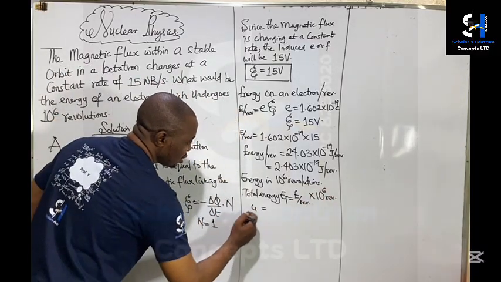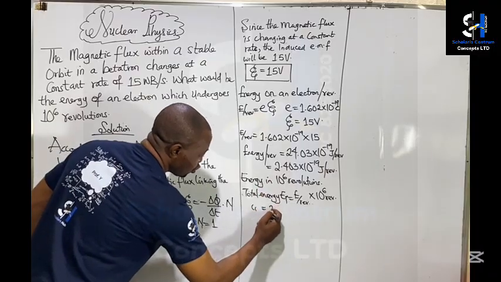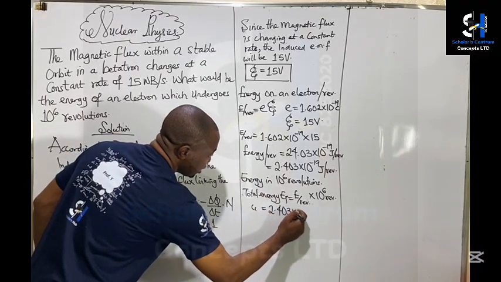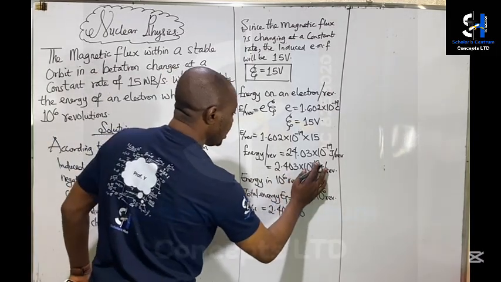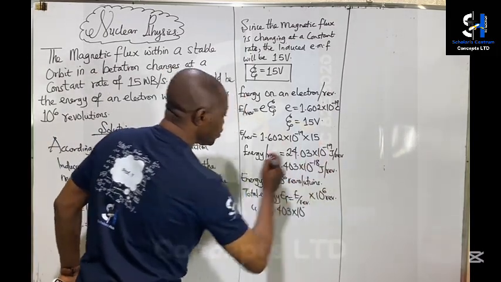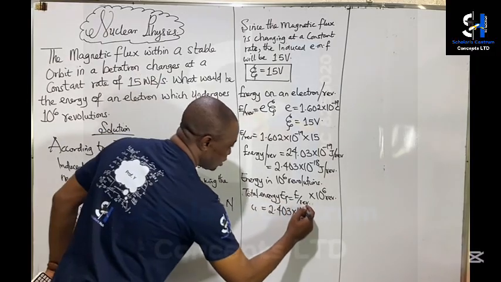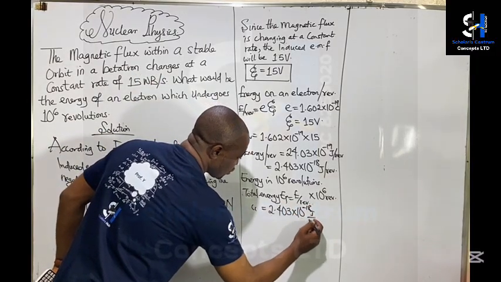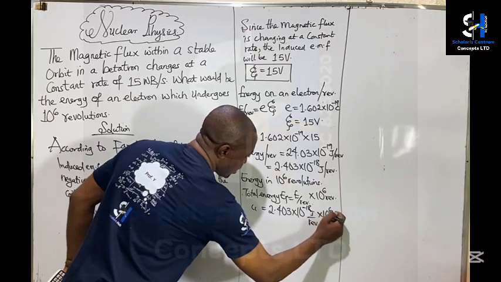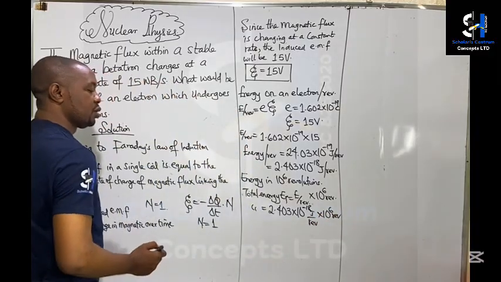So that will be 2.403 times 10 raised to the power of negative 18 joules per revolution, then multiplied by 10 raised to the power of 6 revolution.